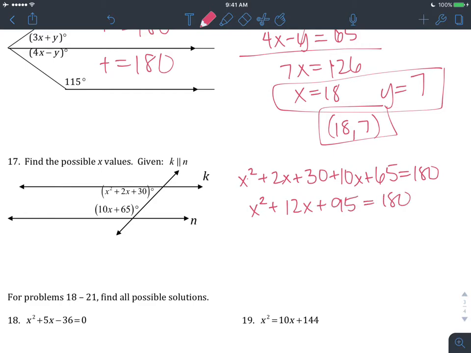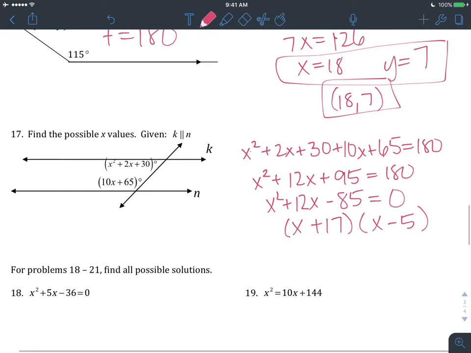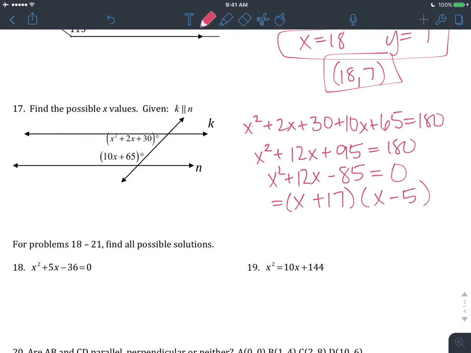You're going to have to subtract your 180 over. So you're going to have x squared plus 12x minus 85 equals 0. That's going to factor into x plus 17 and x minus 5. Then when you set those both equal to 0, you're going to get x equals -17 and positive 5.